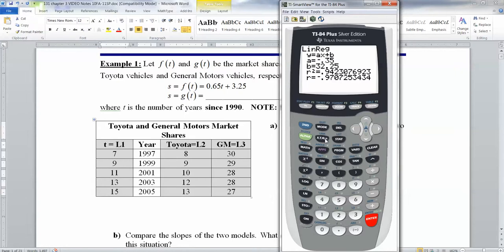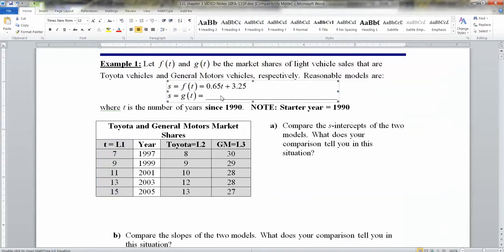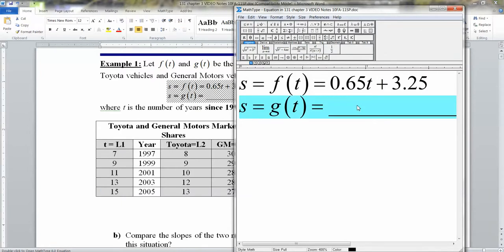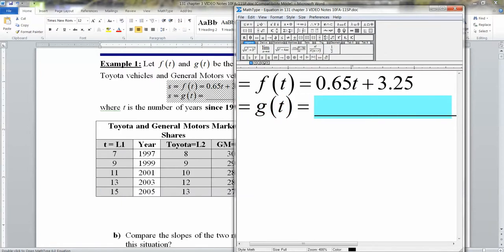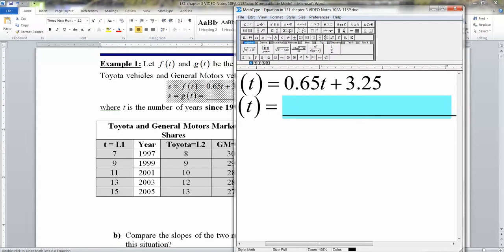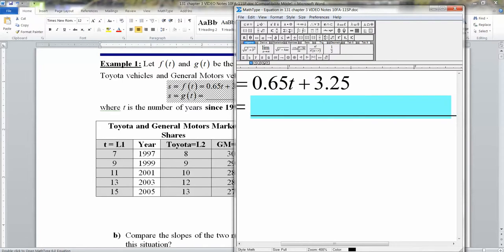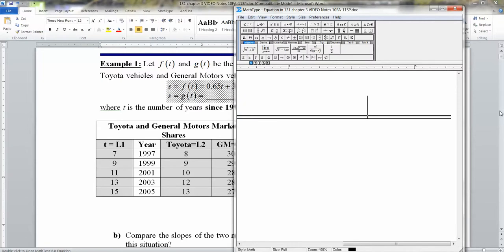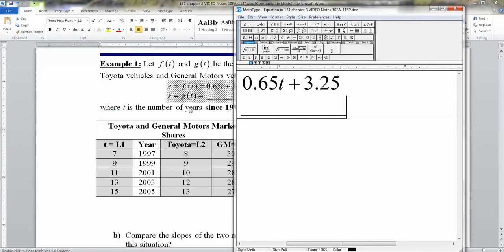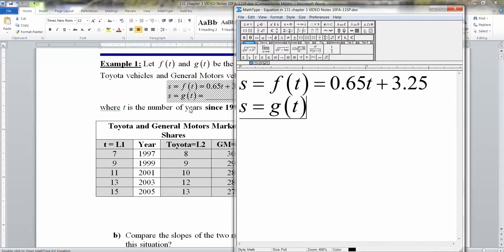And there it is. And while I'm on the subject, since I know I'm going to need this later, I'm going to do the run regression again. Ooh, I better type this. Negative 0.35, T plus 32.25.